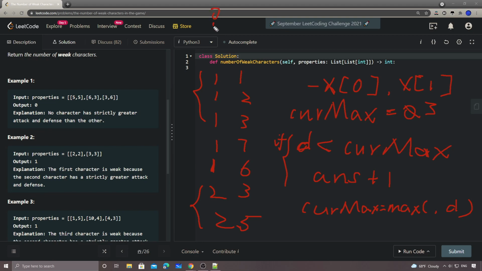Let's say we have attack 0, and the biggest defense is 7, so for example 5, 6, 5, 6. If we don't keep updating the current max from the current group, then for the next group with a smaller attack, we may not have the correct defense value here, which is 7 in this case.